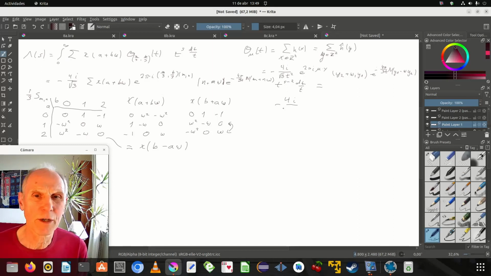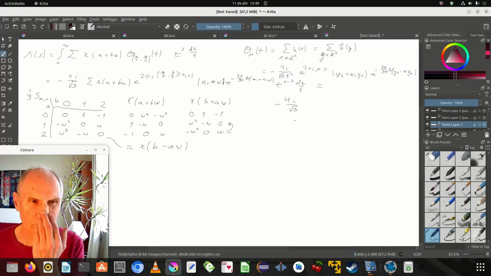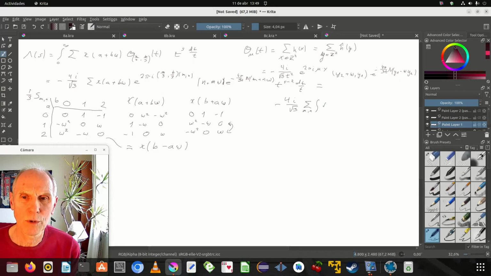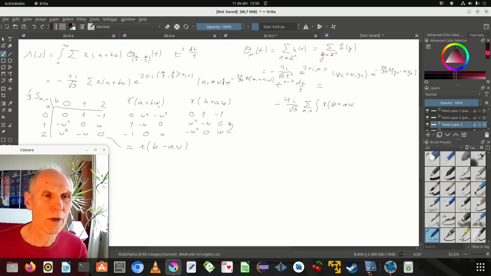Also, this imaginary unit changing phase across the symmetry axis. S equals 1. Well, we'll see what happens. So we are back to summing over m and n and integrating. Chi of b plus a omega. No, that's wrong.